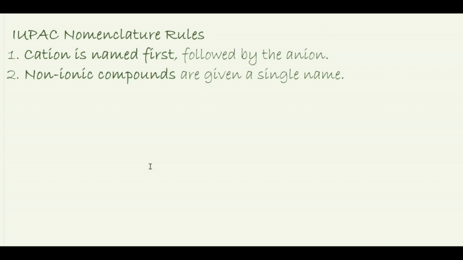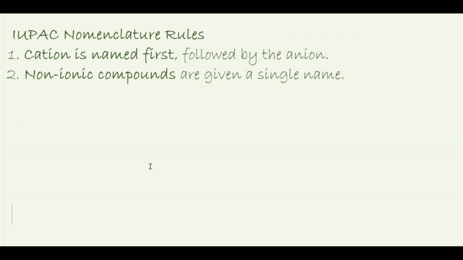The first rule is that the cation should be named first, followed by the anion. Cation means the ionic cation part, which is outside the complex. Our complex itself can be a cation. We'll see the examples, don't worry. Then non-ionic compounds are given a single name.